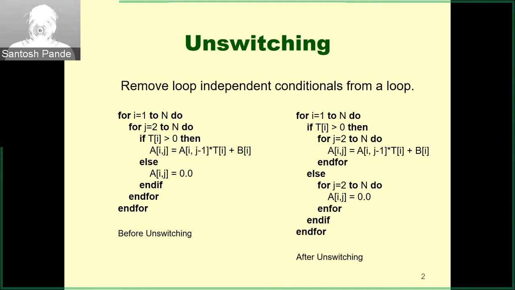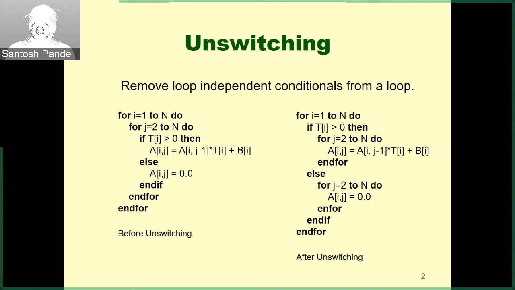So this is a fairly easy transformation which relies on that independence. We could not, of course, move this even outside of i because t of i depends on i. So if any of the predicates of the branch depends on the surrounding loop, then we cannot move it. That's the stopping condition. But otherwise, we will move it outside.